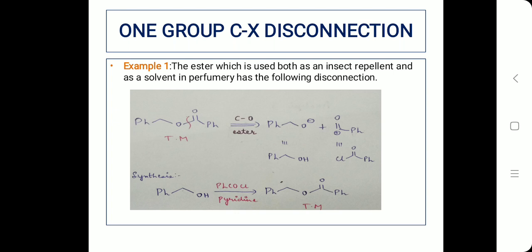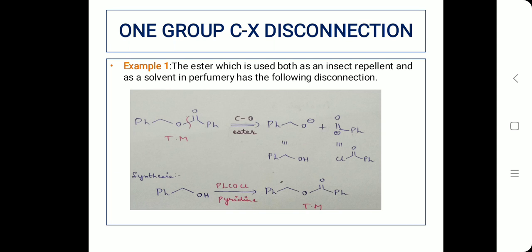The next step is writing down the synthetic equivalents. The synthetic equivalent for the benzyloxy group is benzyl alcohol, and the synthetic equivalent for the benzoyl cation is benzoyl chloride. So these two are the synthetic equivalents, or reagents, or the starting materials to produce the target molecule.